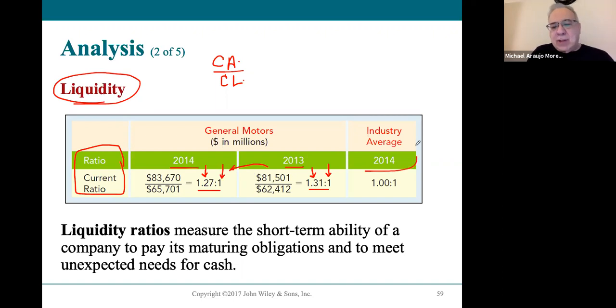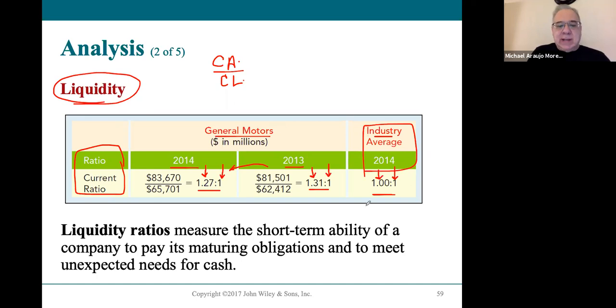Compared to the industry as a whole, as you see, the industry is not very liquid. It's got basically a 1-to-1 ratio, which means most of the companies in the industry, the automobile and light truck SUV manufacturers, have $1 of current assets for every dollar of current liabilities.